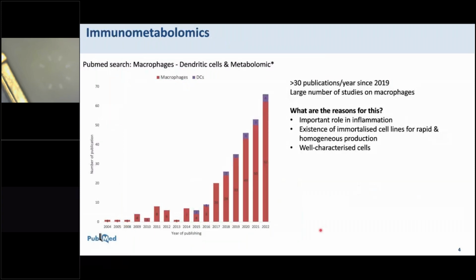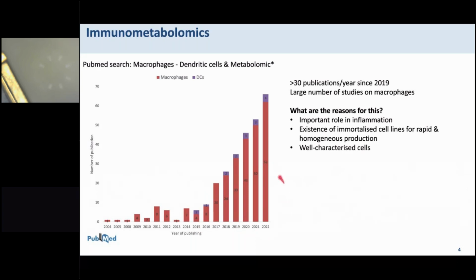But can we believe that we are the first to think to use this methodology? If we look at the rate of publication in this field, focusing on macrophages and dendritic cells, we can clearly see that the field emerged in 2015 and has grown since then.